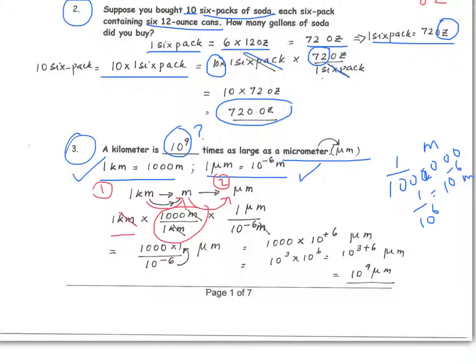Remember, we want to cancel out kilometers, so that's why we take 1,000 meters over 1 kilometer. At this point we have the meters, and now we multiply with the next conversion equation, a fraction that will cancel off the meters, and now we have micrometers surviving in the numerator, so that gives us the units for our final answer.